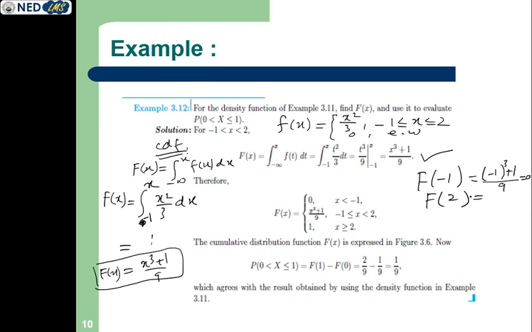Now put x equal to 2: F of 2 is 2 whole cube plus 1 divided by 9, which is equal to 8 plus 1, that is 9 upon 9, which is 1. So this answer becomes 0 and this becomes 1.